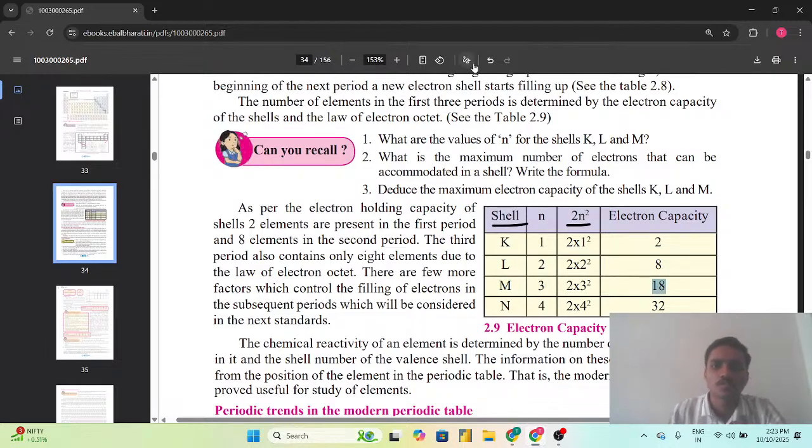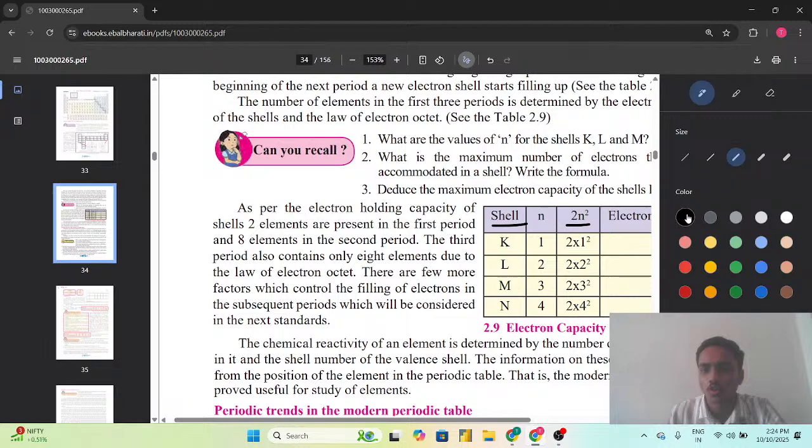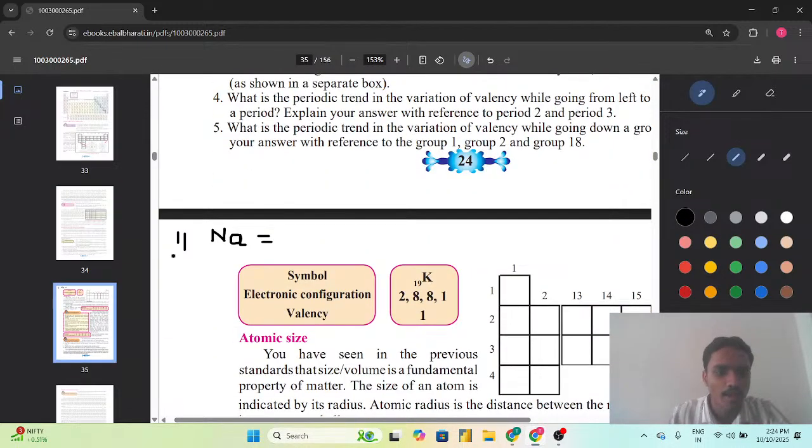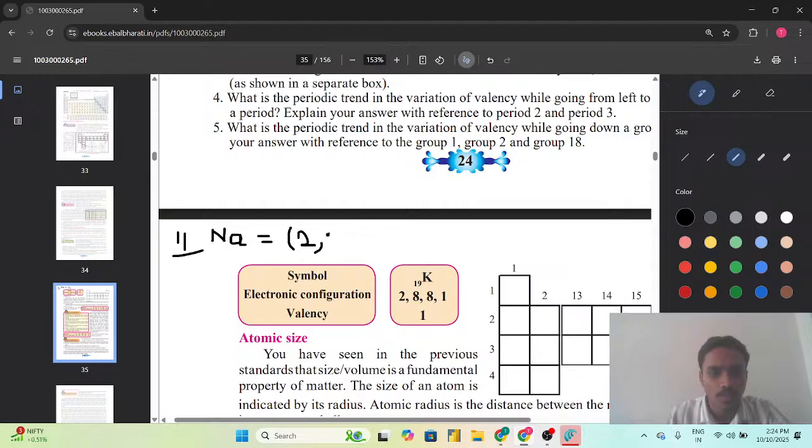So for sodium, having atomic number 11, there will be 2 electrons in the first shell, that is the K shell, then 8 electrons in the next shell, that is 8 plus 2, 10. So 10 electrons I have placed.